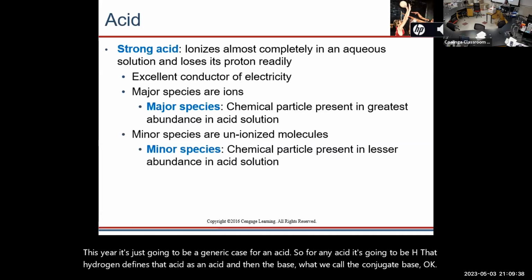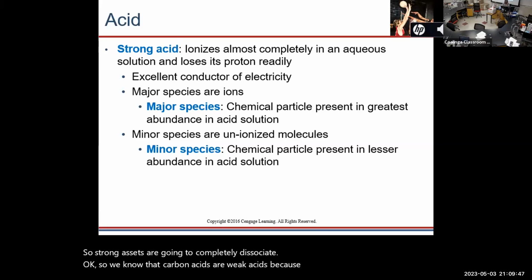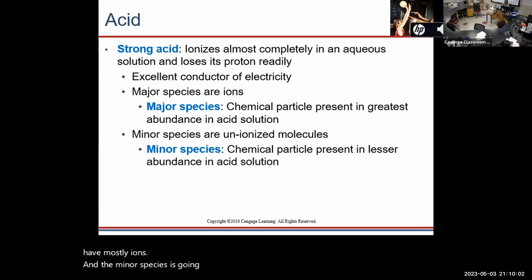Strong acids are going to completely dissociate. We know that carbon acids are weak acids because they don't completely dissociate. When strong acids dissociate, the ions are going to be the major species. We're going to have mostly ions, and the minor species is going to be the acid put together.